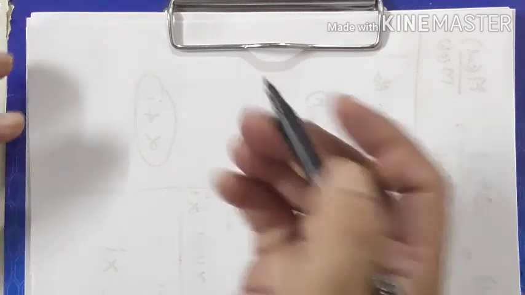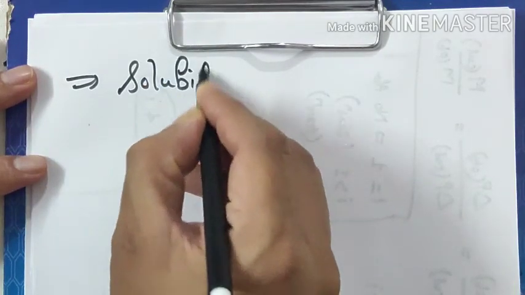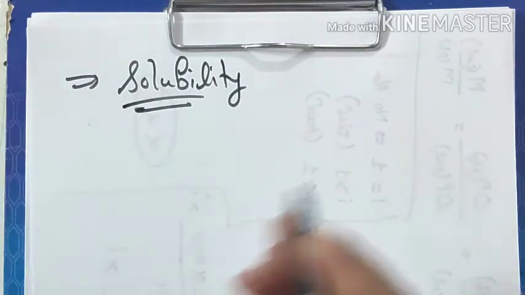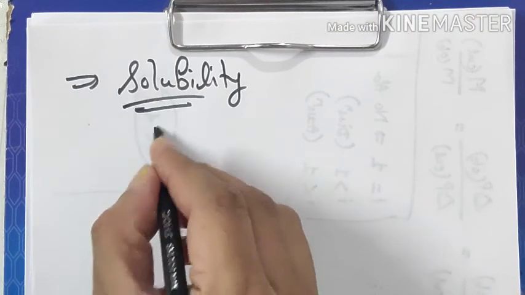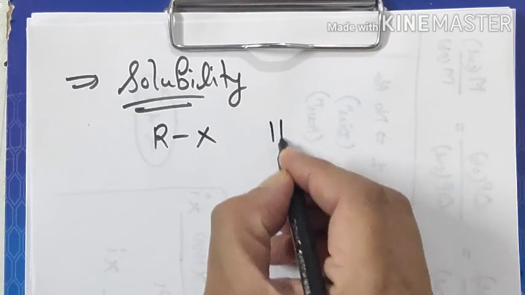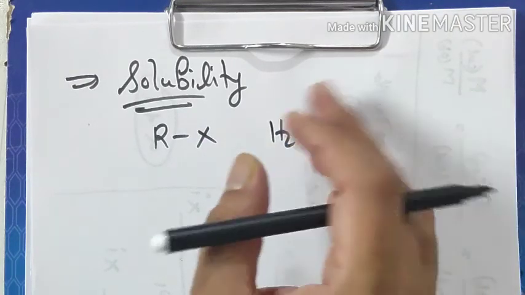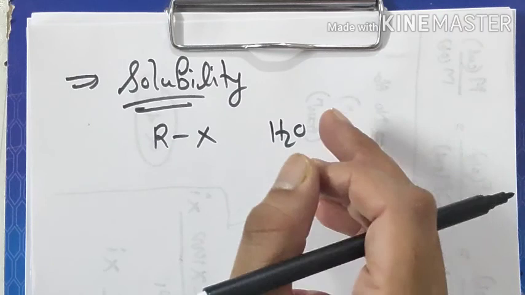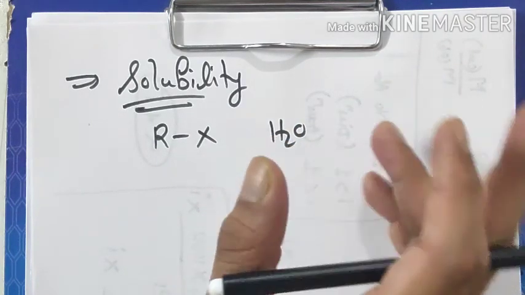Now, moving to the next, that is solubility. Solubility of alkyl halide. Actually, alkyl halide is polar, and we also know what is also polar. What we have studied, like dissolve like. That means polar will be soluble in polar, non-polar will be soluble in non-polar solvent. That is what we have studied.